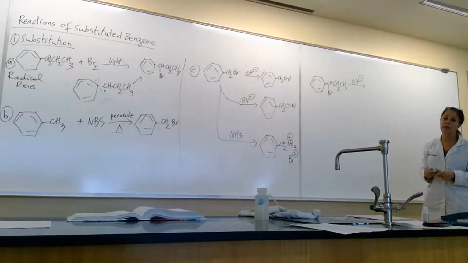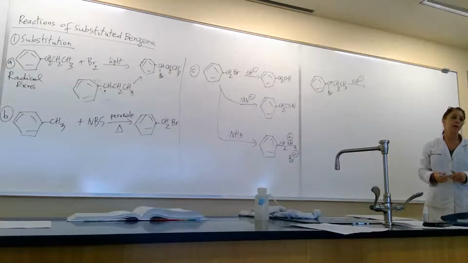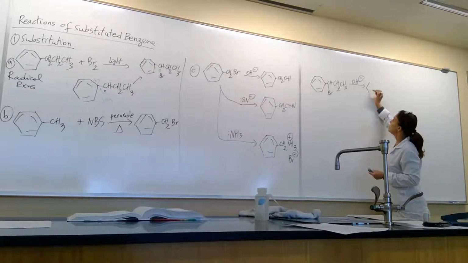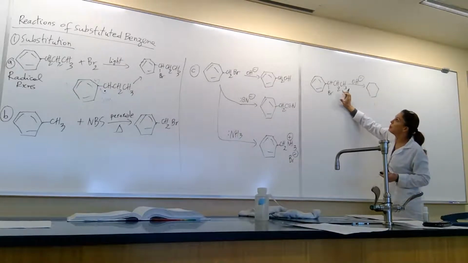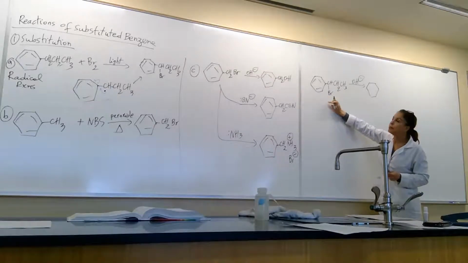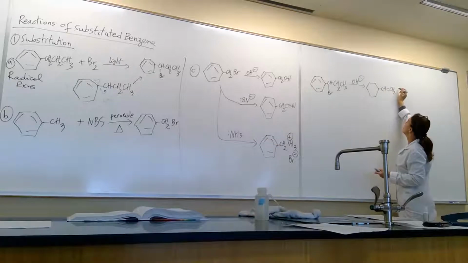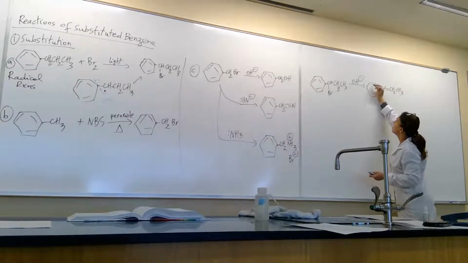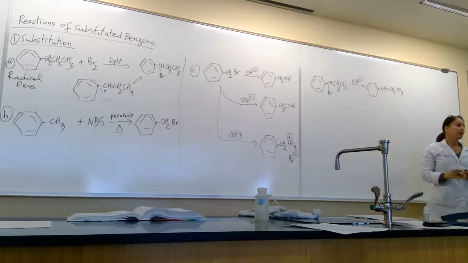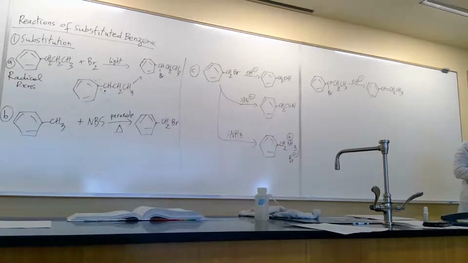So in this case, which one would be favored, a substitution or an elimination? Why? What is going to be eliminated here? It's going to be H and Br. So you end up with CH, CH2, CH3. So why is this favored rather than a substitution?